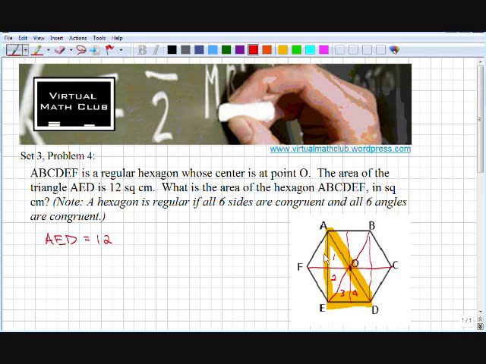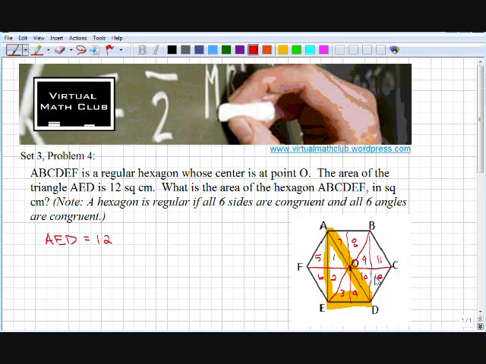And if we were to count the little triangles that make up the whole figure, we've got 1, 2, 3, 4. Let's just label these 5, 6, 7, 8, 9, 10, 11, and 12.